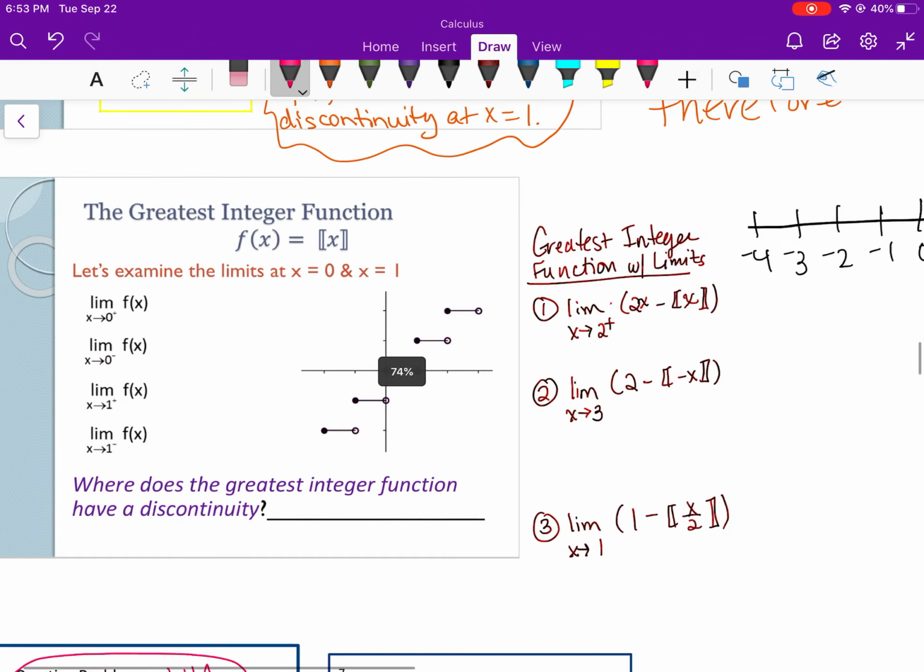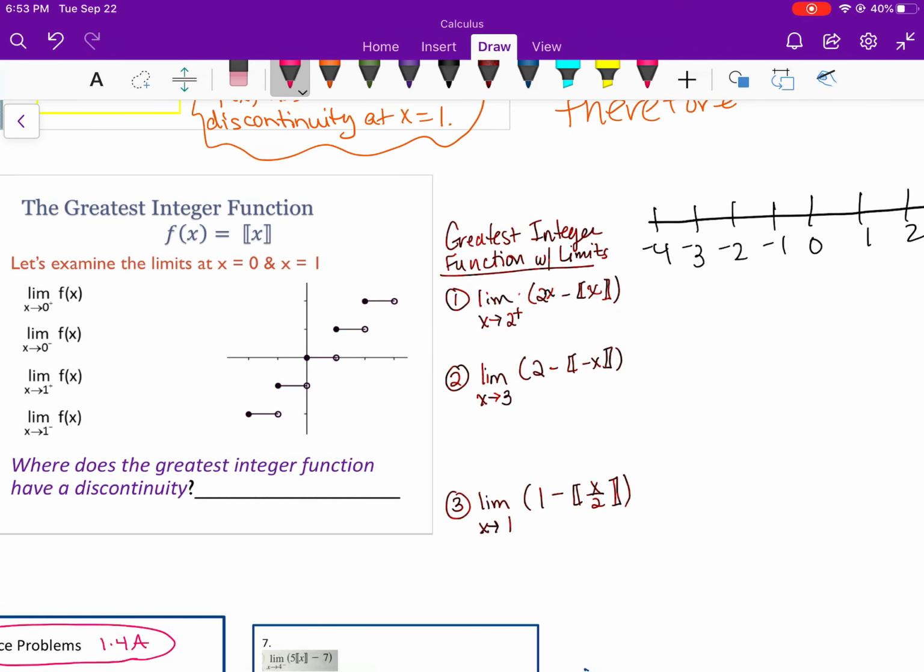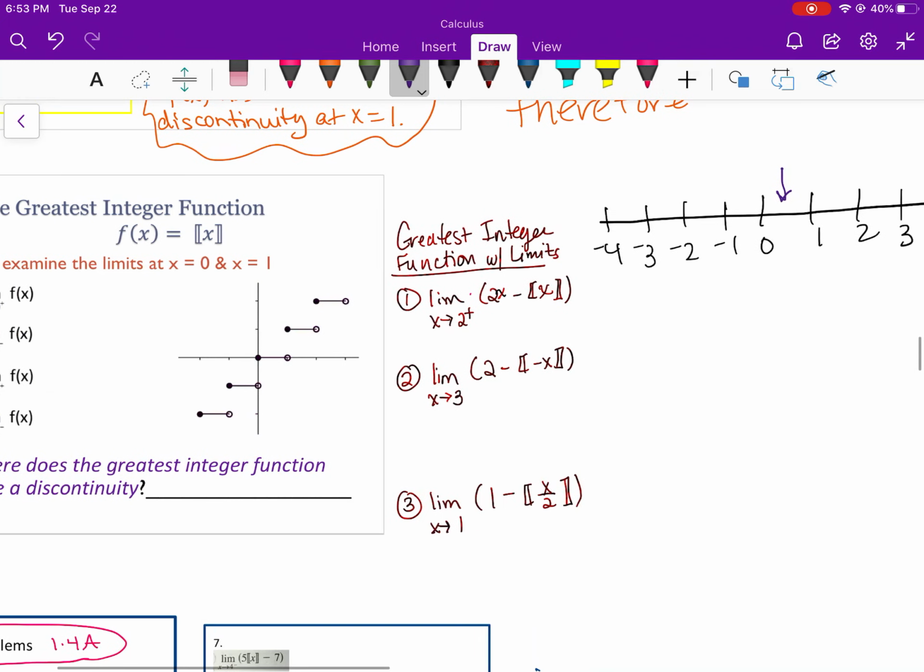Now, greatest integer is defined this way. If I choose a number, say between 0 and 1, like 1/2, and 1/2 sits right here, the greatest integer for 1/2 is 0. If I chose 1.9, the greatest integer for 1.9, which sits here, would be 1.